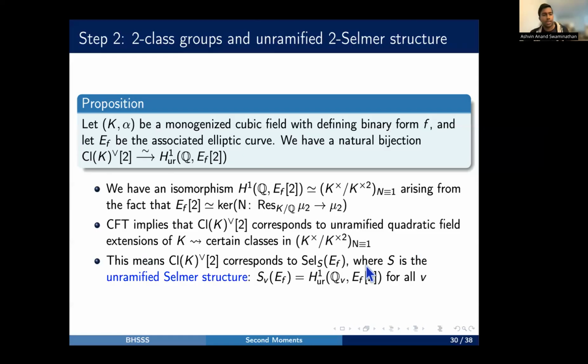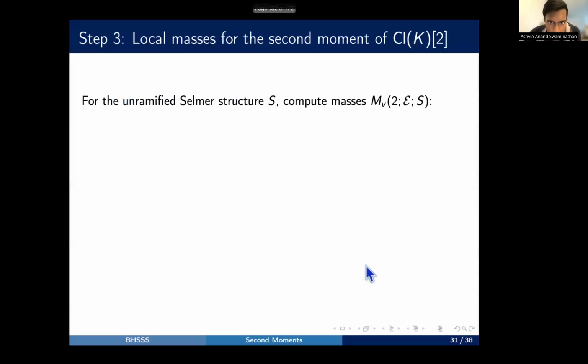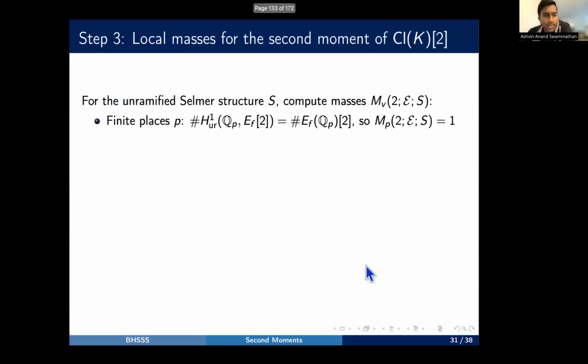Okay, that's the proof of this correspondence. And once you have that, you just want to compute the second moment for the unramified Selmer structure. So we want to compute the masses in this case. So for the finite places, the masses are just 1. At the infinite place, the unramified cohomology has size 1.